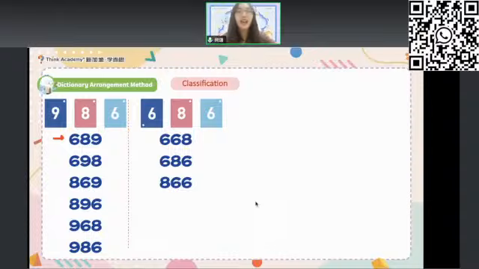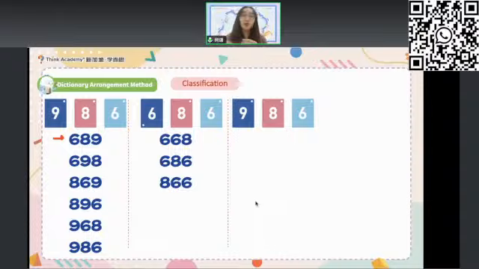So for this, just now we tried to rotate the card 9. Any other choice? Good job. So now I just rotate the number 6 to 9. So now, what are the 3 number cards? You will see 989, right? So actually here, you can see 2 number 9s. Again, what is the smallest number you can make?